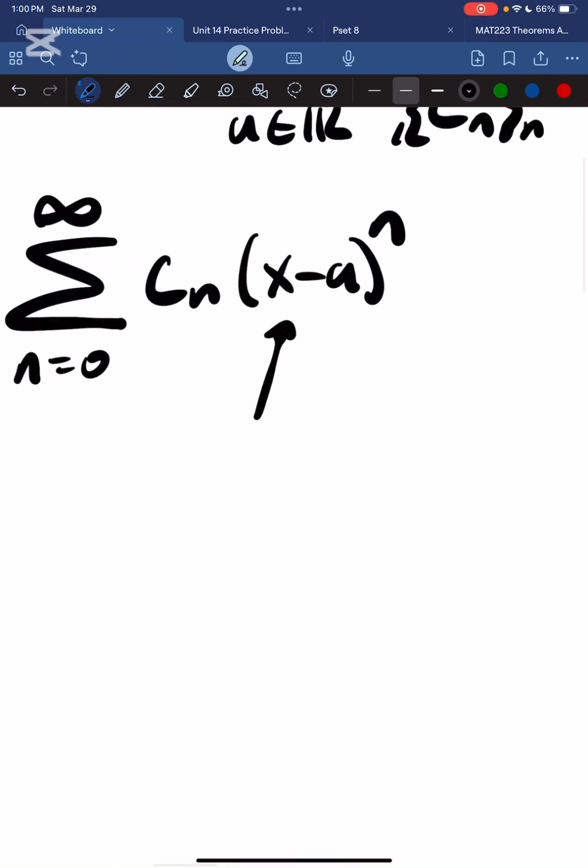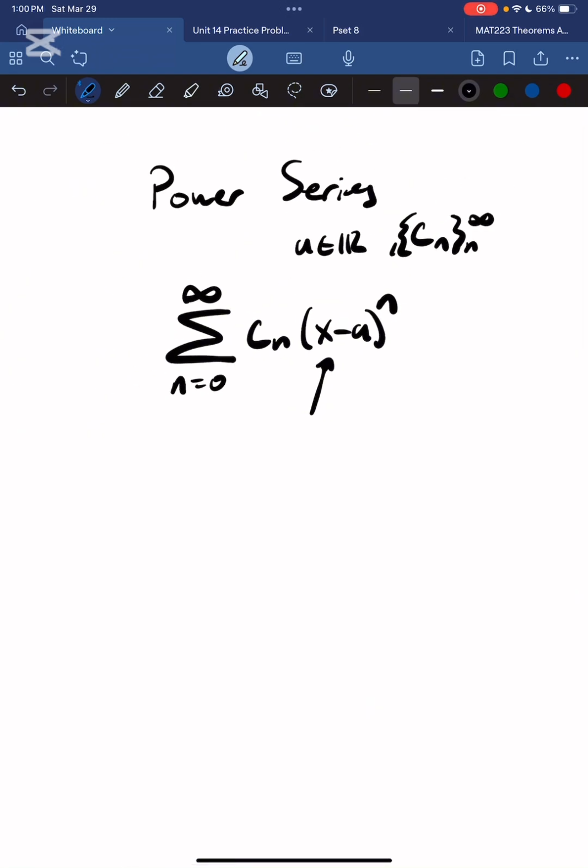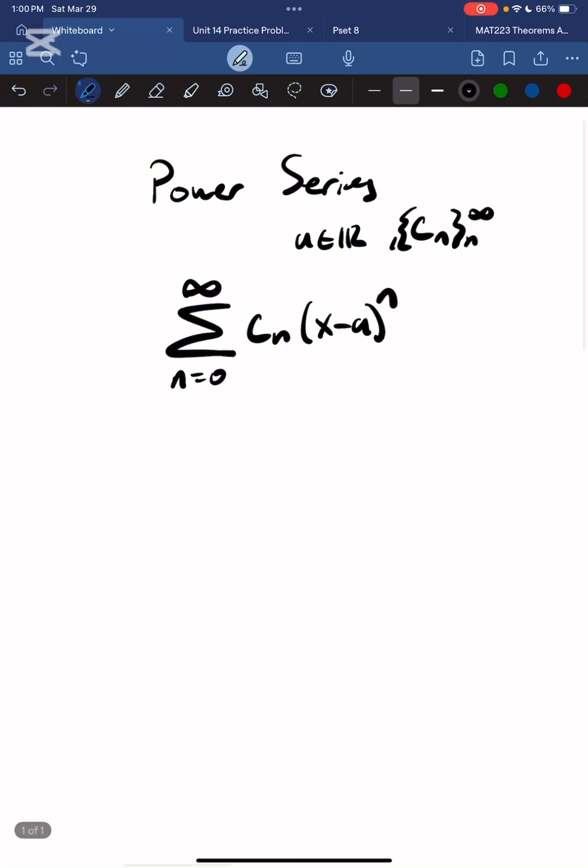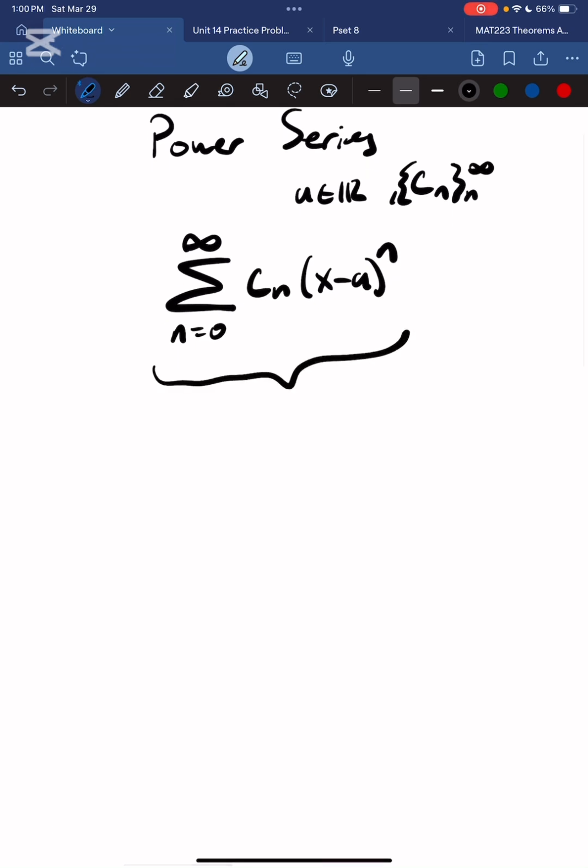And x is an arbitrary variable that we don't know. What we can do with power series, and I'll show why this is important later, right now is just the broad view: determine when this is convergent.